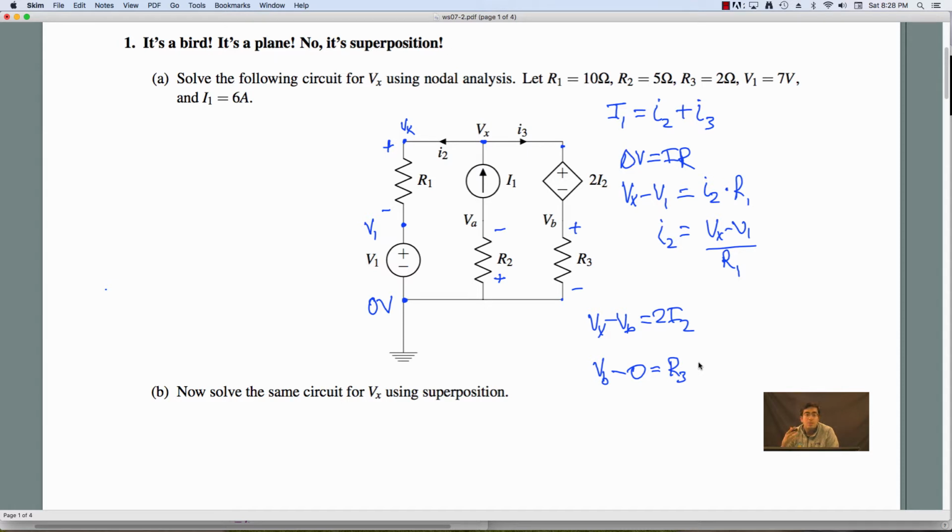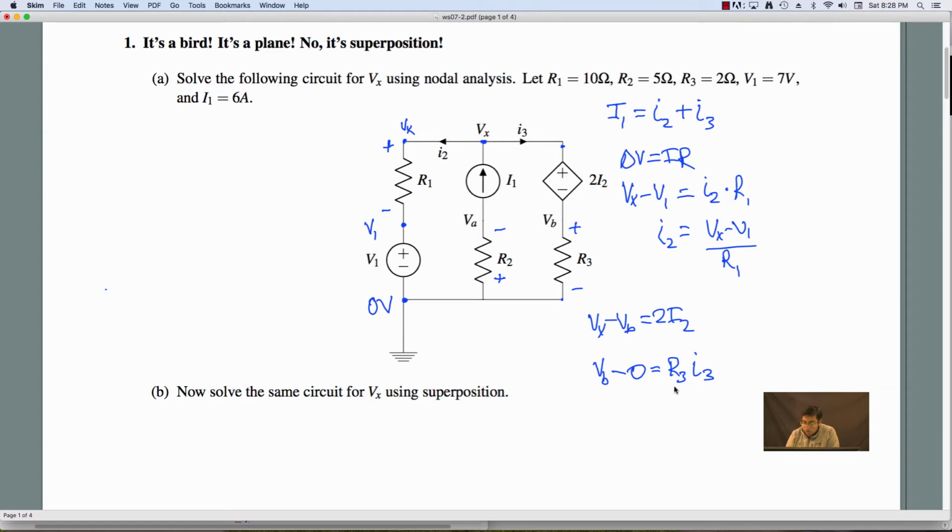The reason is that the current is going to be the same on the same branch. Because all these elements are in series, we can say that they're on the same branch, and so the current flowing here, I3, is the same as the current flowing through R3. So we get this relationship.